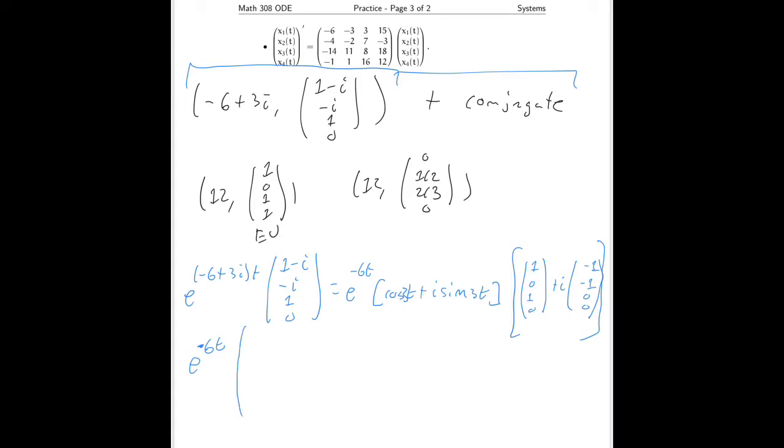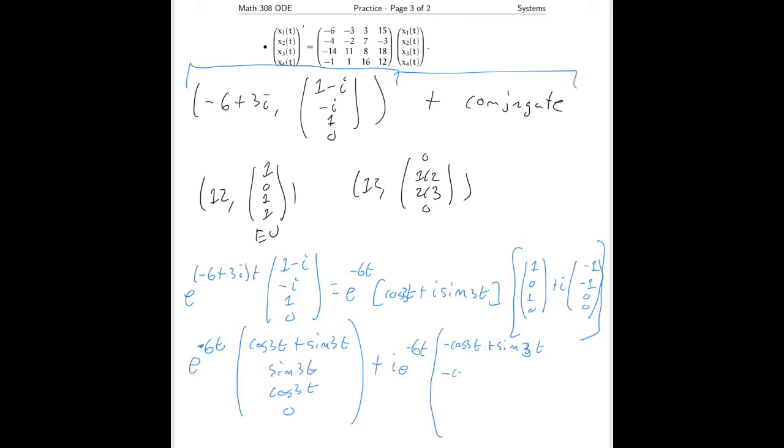So for the real part, we'll have cosine 3t plus sine 3t, sine 3t, cosine 3t, 0, plus i times e to the minus 6t, and the imaginary part then is given by the vector minus cosine 3t plus sine 3t.